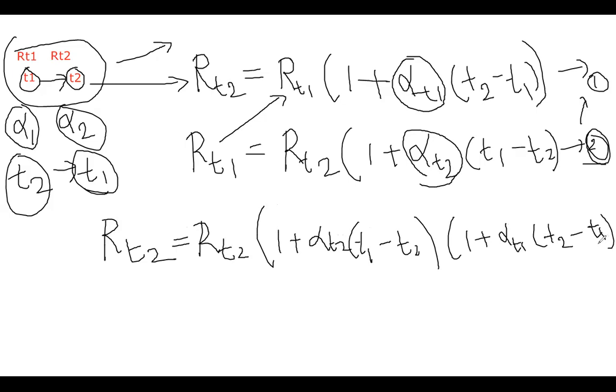Right? From this, RT2 is cancelled from both sides of the equal sign. So now the equation is 1 is equal to the two brackets as they are: 1 plus alpha T2, T1 minus T2, and 1 plus alpha T1, T2 minus T1.